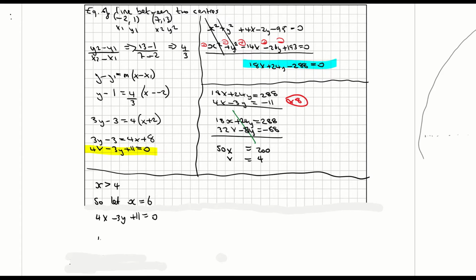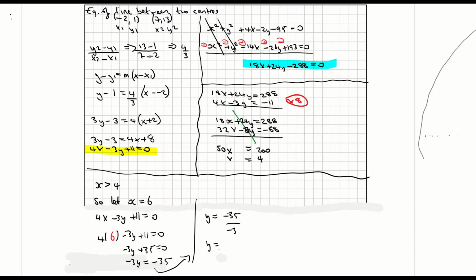So I'm subbing in 6, so 4 bracket 6 minus 3y plus 11 is equal to 0. And I get minus 3y, 6, 12, 18, 24, 35 equals 0. So minus 3y is equal to negative 35. So in order to solve for y, y is equal to minus 35 divided by minus 3. Minus divided by minus is positive, 3 into 35 just stays as 35 over 3.